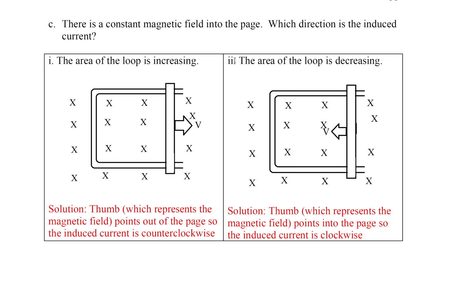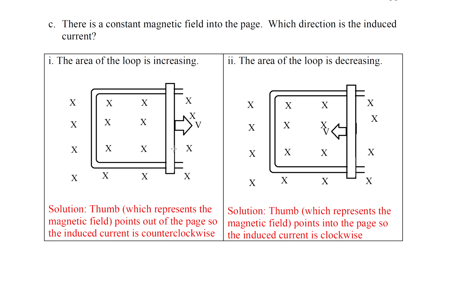Part C, there is a constant magnetic field into the page. Which direction is the induced current? Look at part I. We have a horseshoe ring and this bar, and this bar is moving to the right.